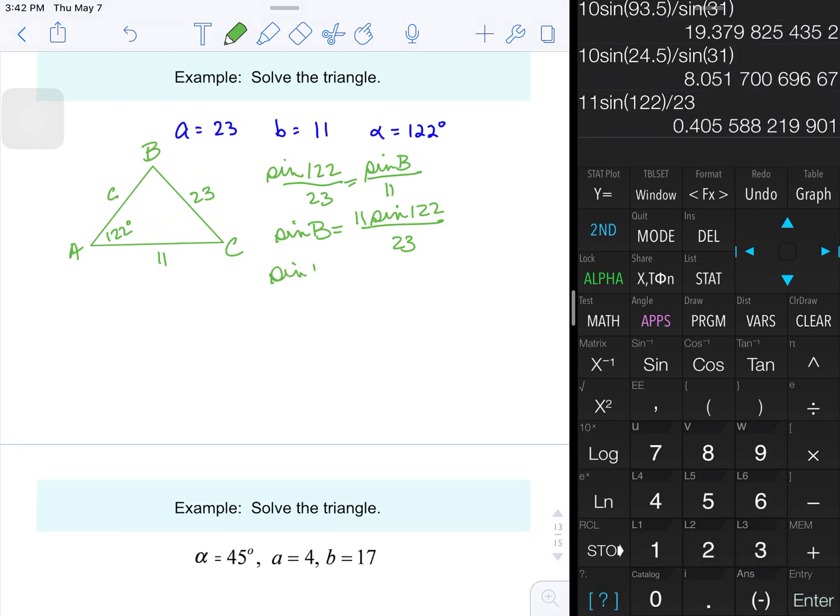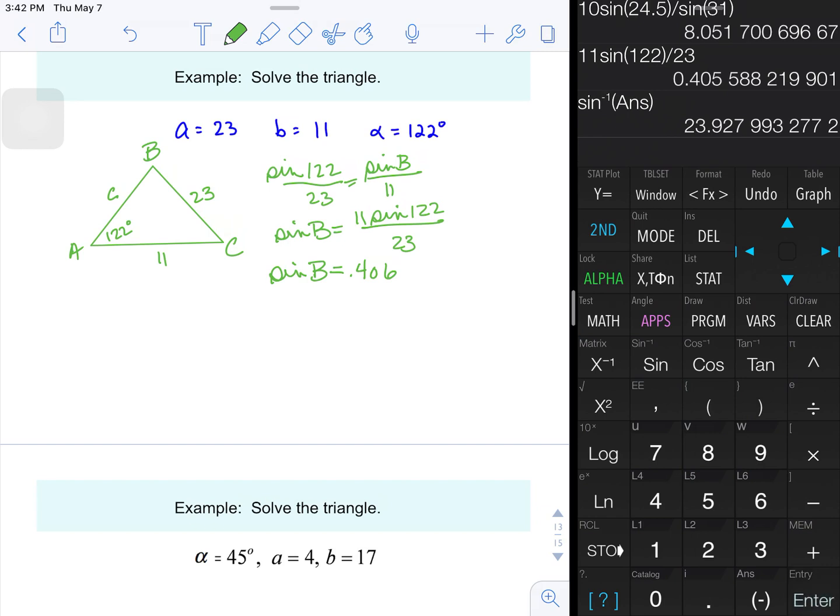And I find that sine of B is approximately 0.406. Now we find the angle by doing second sine, inverse sine of what I just got, that extended decimal. And I find that B is 23.9.